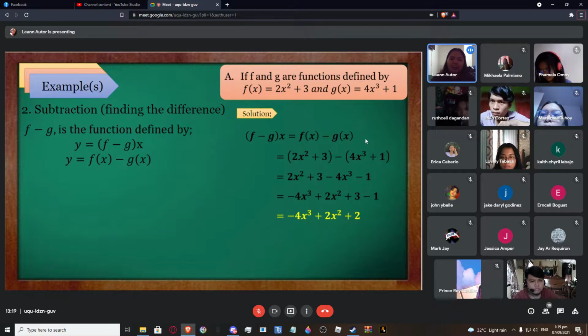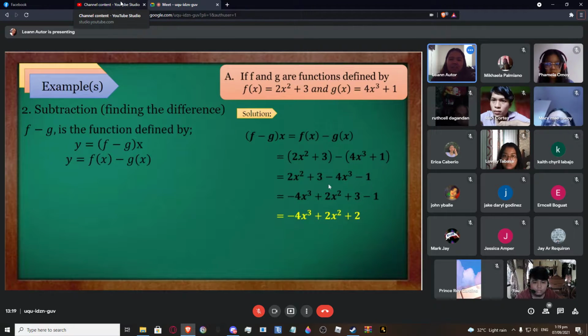Copy gihapon. Copy, remove the parentheses, and then arrange. I-arrange nato ni gikan sa pinakadako nga exponent hantod sa pinakagamay. All right. Sige, question.